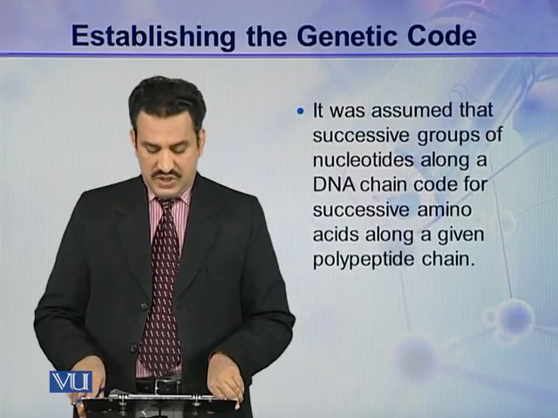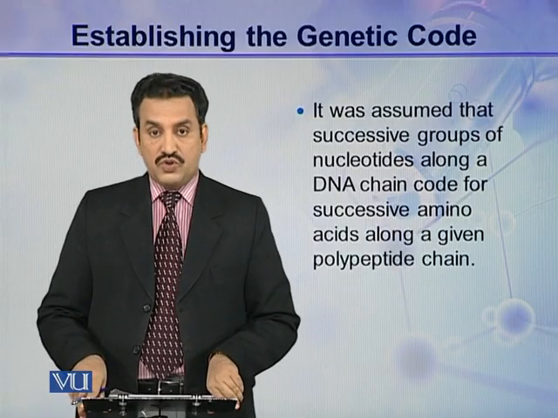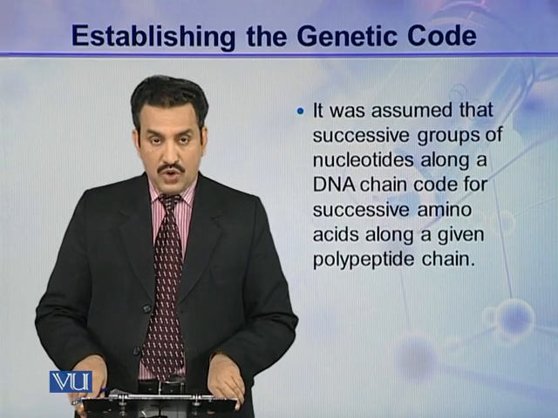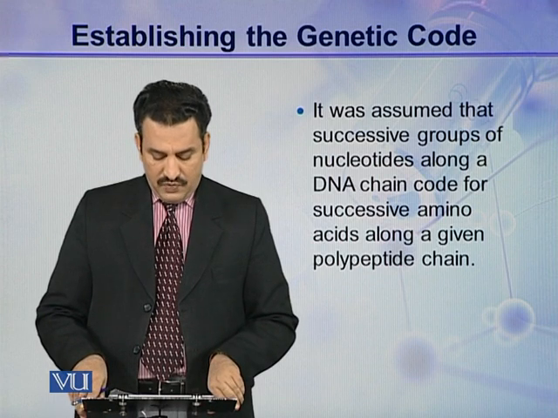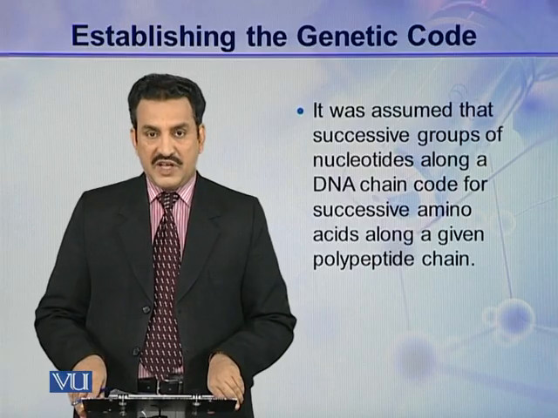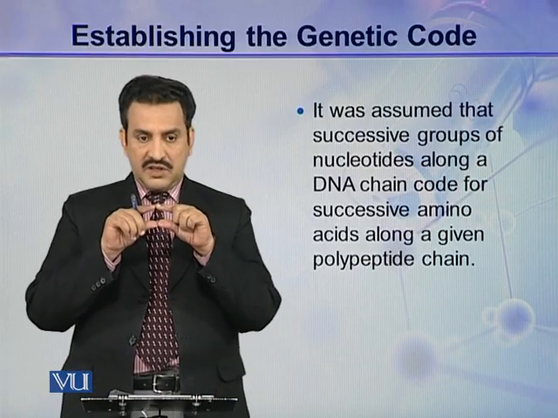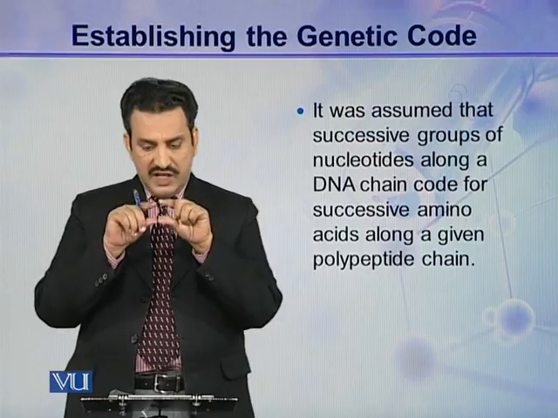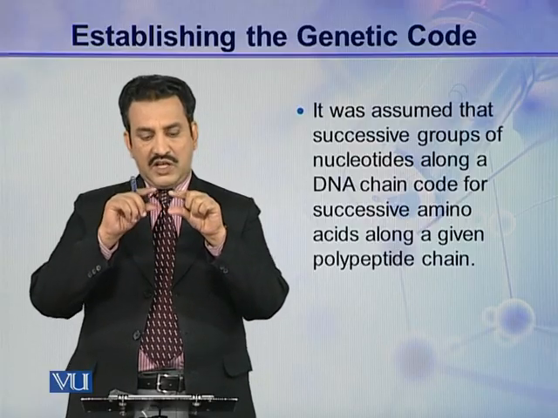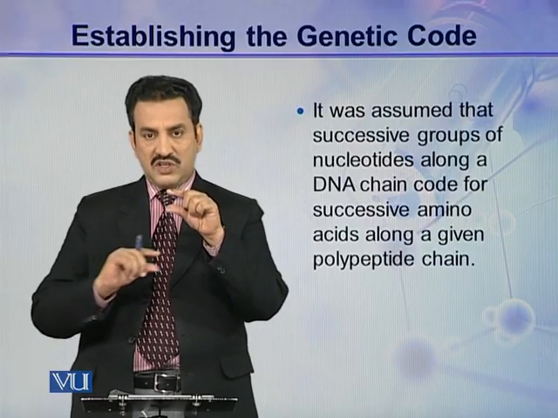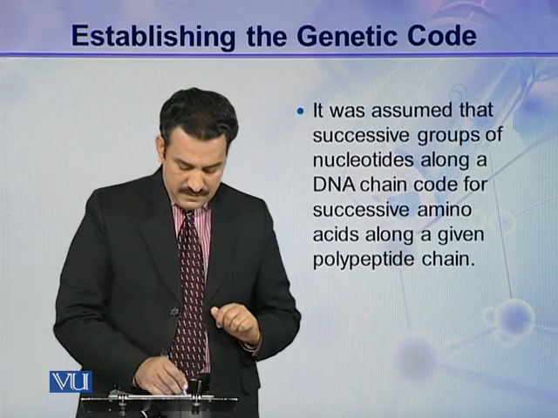It was assumed that successive groups of nucleotides along a DNA chain code for successive amino acids along a given polypeptide chain. So, a specific sequence on the DNA specifies a specific sequence of amino acids in the protein.